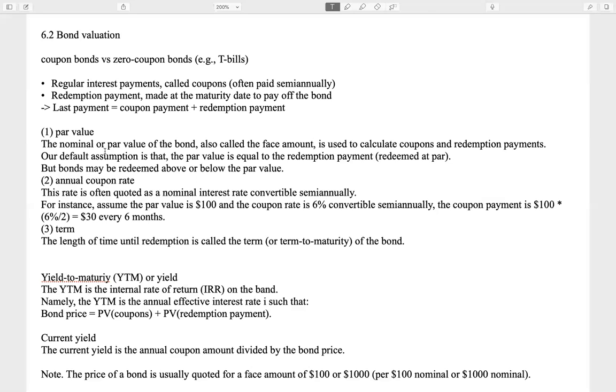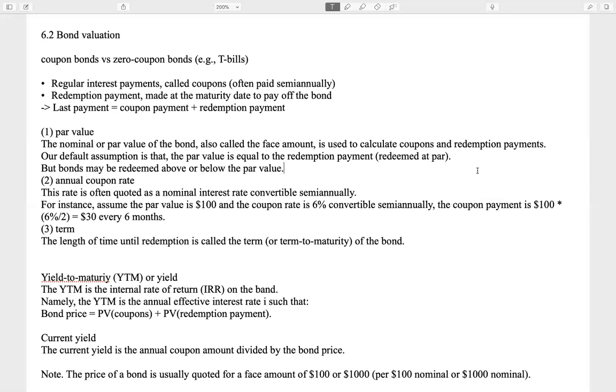Technically speaking, as suggested by nominal, it has no actual meaning. We need par value to calculate coupons and redemption payments because they are often quoted in percentage. So let's say we have a coupon bond with 5% coupon rate paid annually.